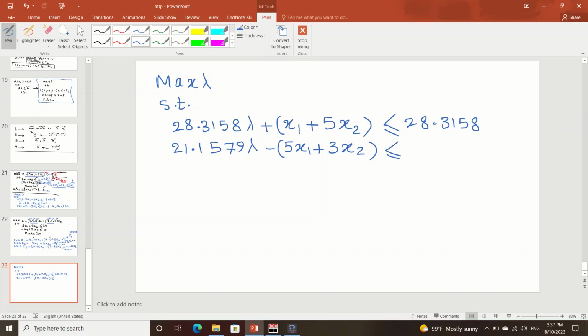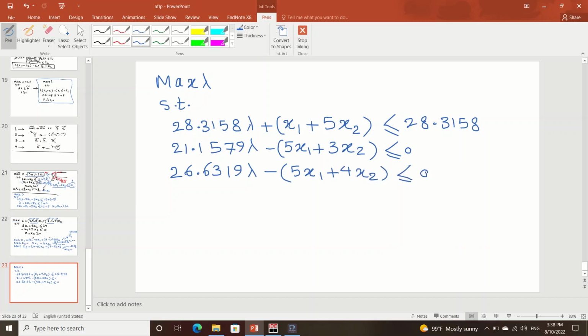Z lower in all models has been obtained as 0. Negative Z lower is 0. And for the third, 0.639 lambda minus, this is maximum also, 5x1 plus 4x2 is less than negative Z lower, which is equal to 0.